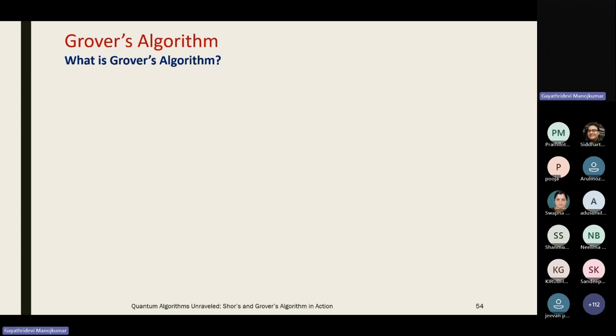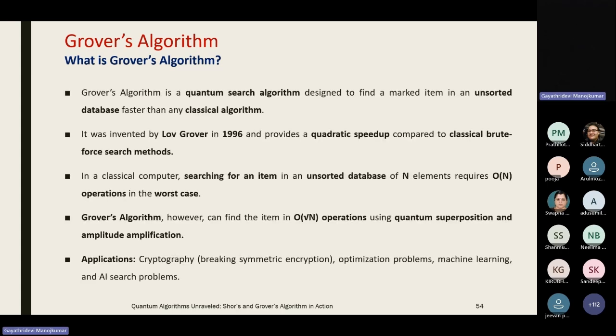The next one is known as Grover's algorithm. This algorithm is mainly for quantum search. That is, in the case of an unsorted database, compared to a classical searching algorithm, Grover's algorithm will be much faster.